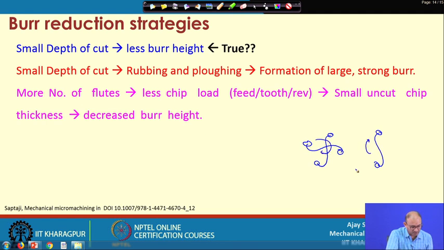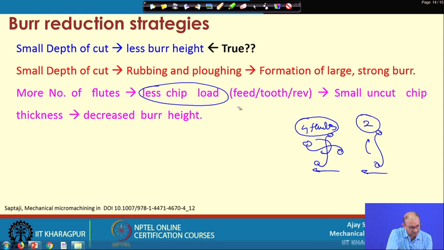If you increase the number of flutes to 4 and do not change the feed rate, the material removed will be shared by 4 flutes, and in the other case by 2 flutes. So the material removal per flute will be less, because 4 flutes are coming into action.